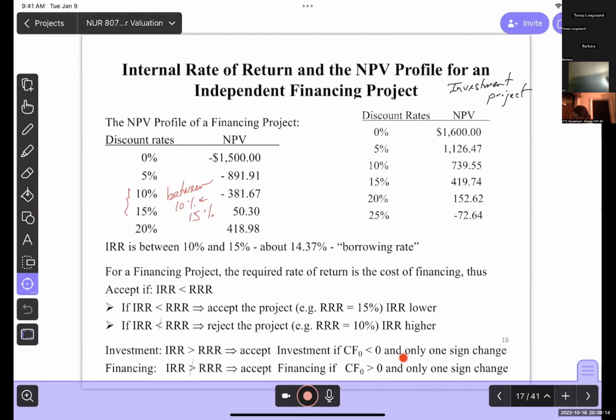In other words, the rest are all positive. It's called a financing project, and you will accept the project as long as it's the reverse. The required rate of return has to be bigger than the internal rate of return. And it's called financing as long as the first cash flow is positive and there's only one sign change and the rest are all negative.